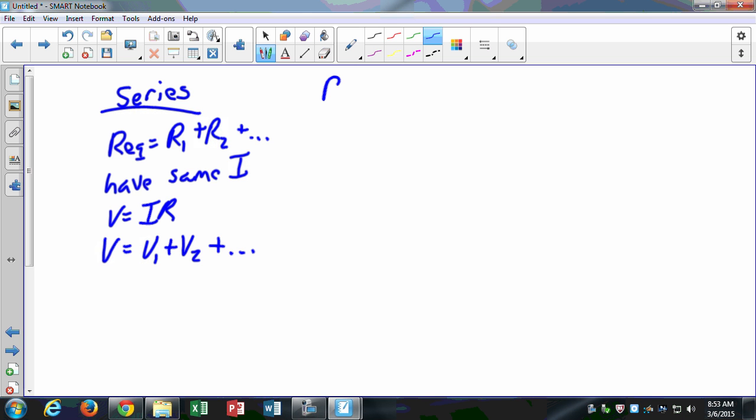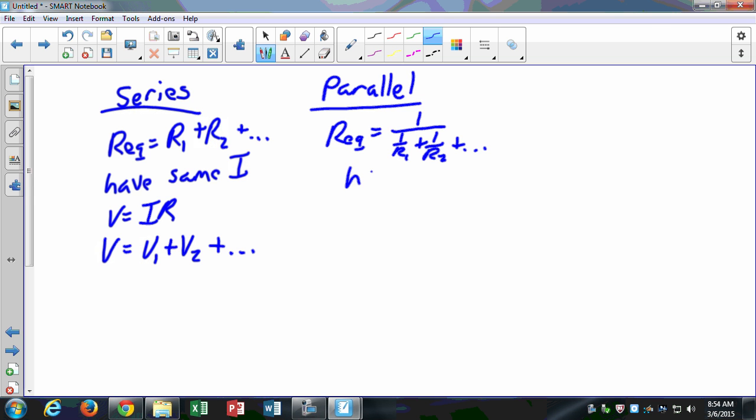Same for parallel. The equivalent. They have the same, what do they have the same of? That's right, they have the same voltage. V equals IR.